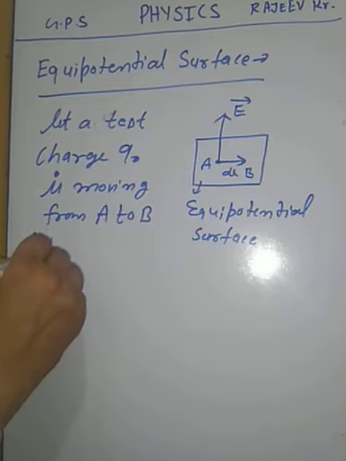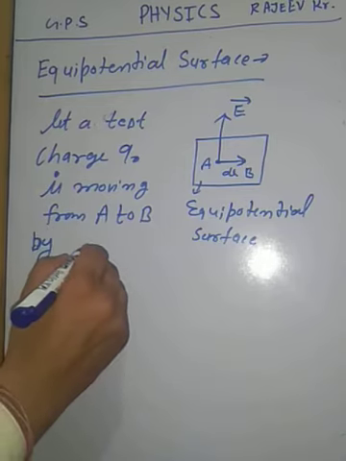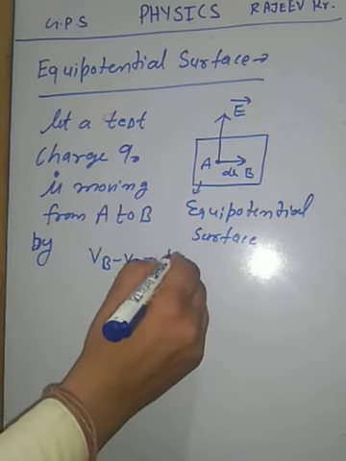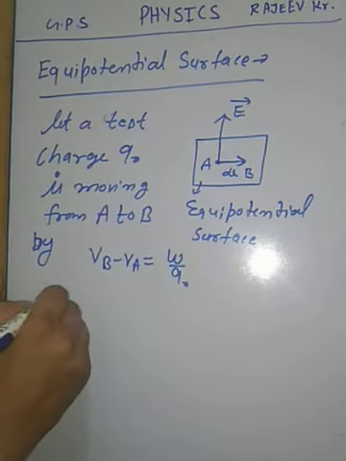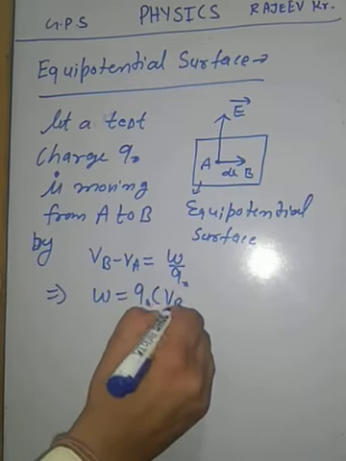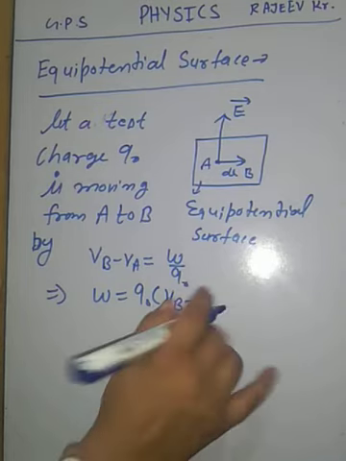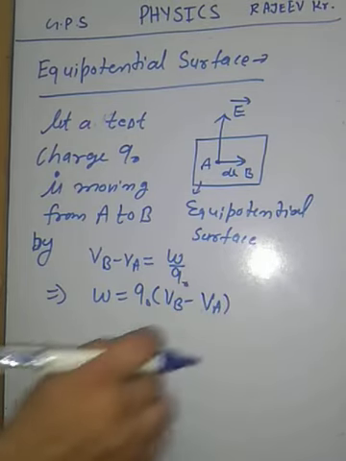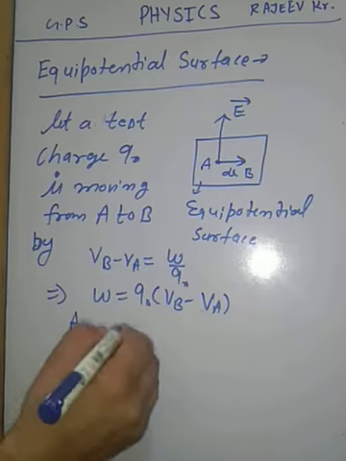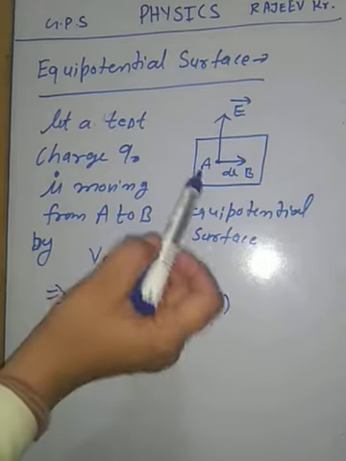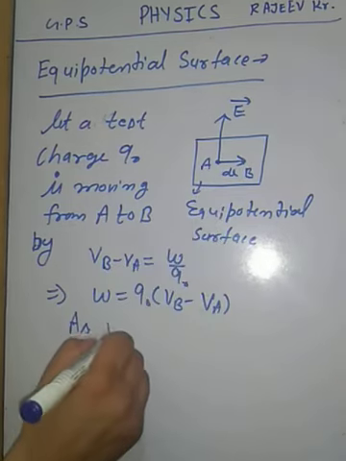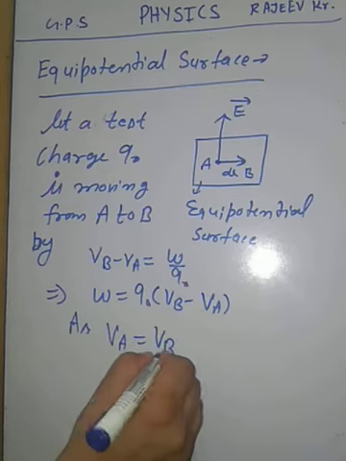Then by the definition of potential difference, VB minus VA equal to W upon Q naught. It may also be written as W equal to Q naught into VB minus VA. As the surface is equipotential, means the potential at A is the same as the potential at B, VA is equal to VB.